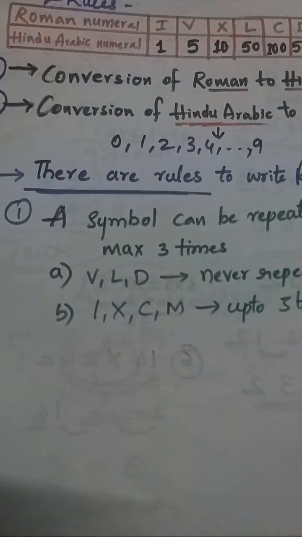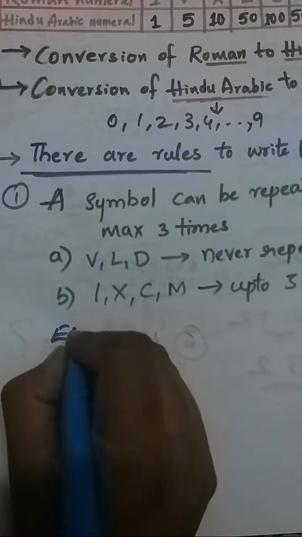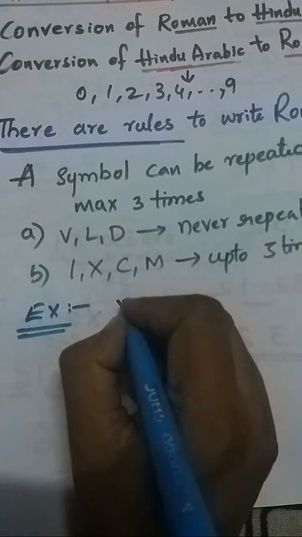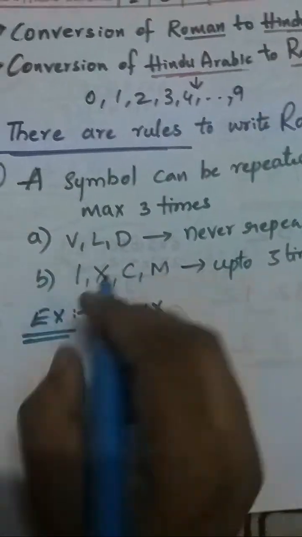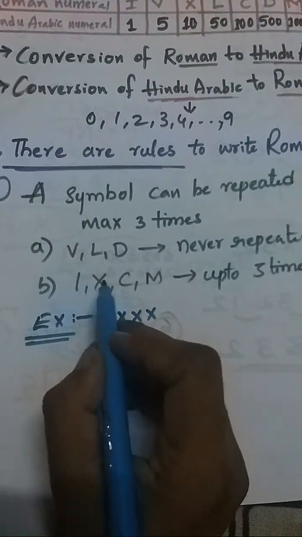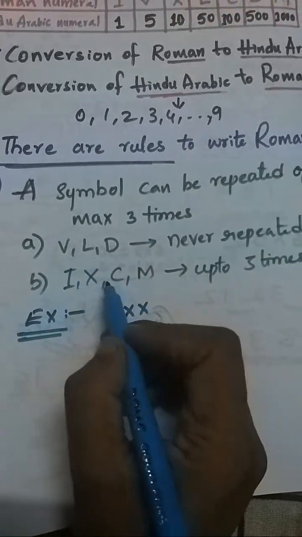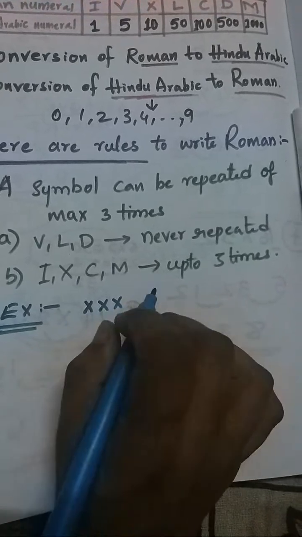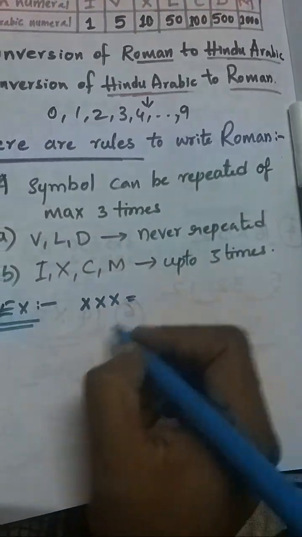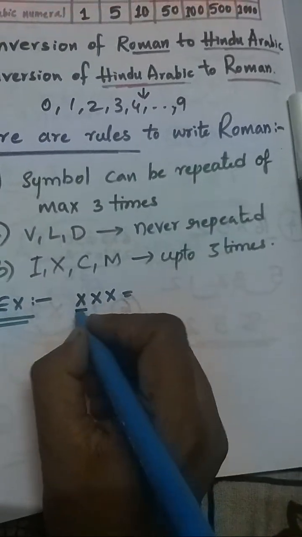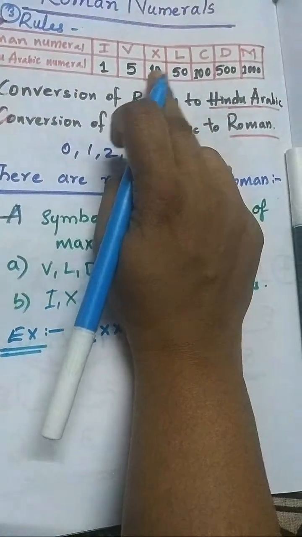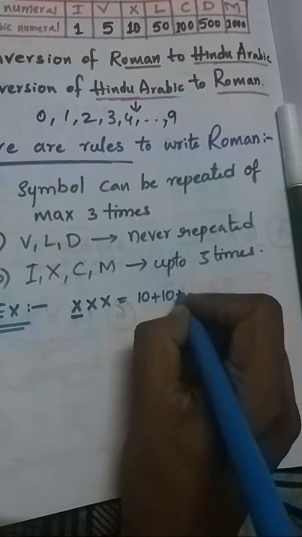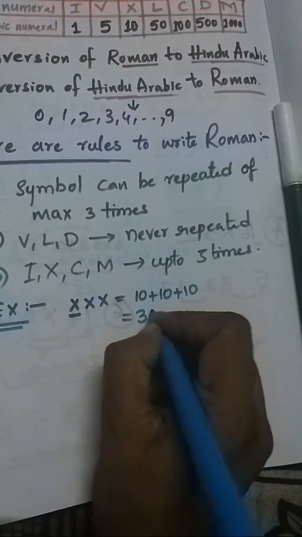For example, let us take X, X, X. In the second point, I, X, C, M can be repeated up to 3 times only. X means what in this chart? 10. 10 plus 10 plus 10 is 30 here.